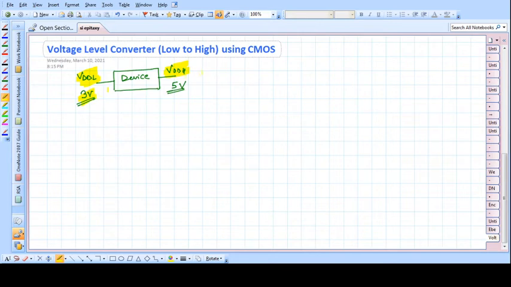This one is termed a low to high voltage converter. Now we have to think about why low to high, or in general a high to low converter, or low to high level shifter. Why level shifter?